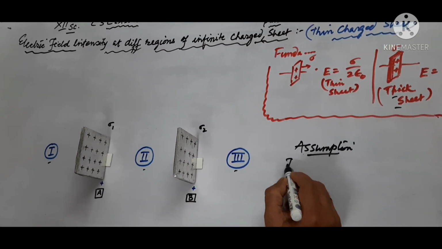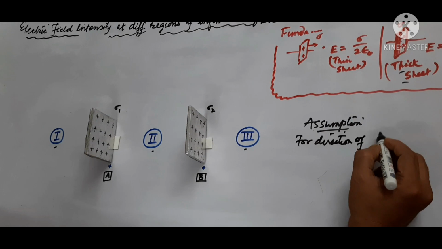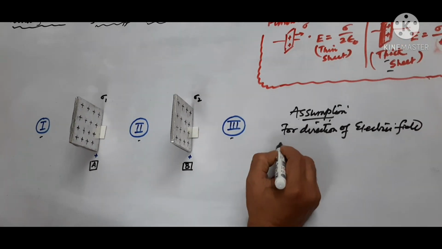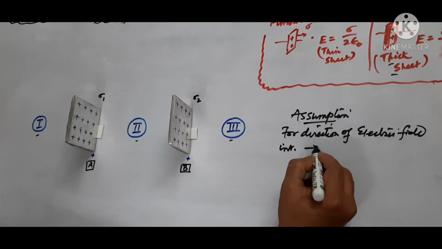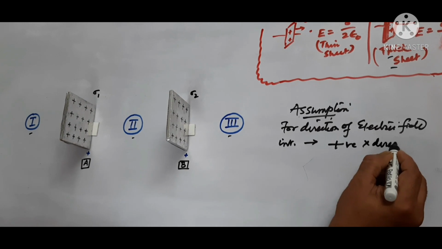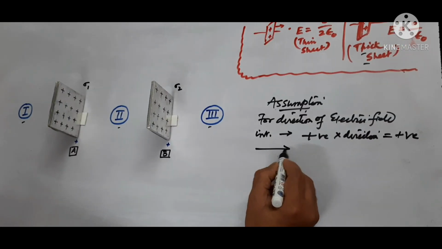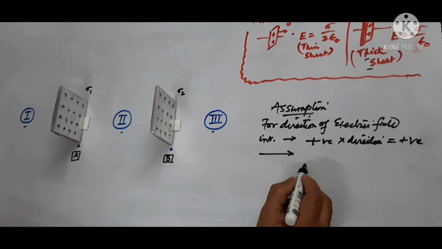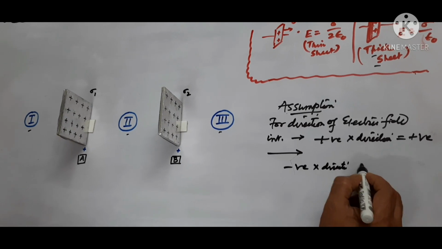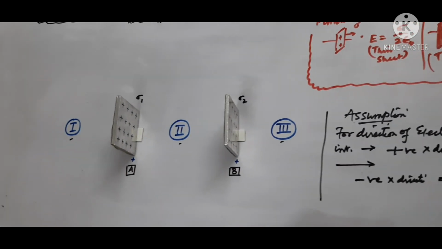The assumption is for the direction of electric field intensity: usually we take the positive x direction as positive, and if we are taking the negative x direction, then it is taken as negative. That's the assumption. You can reverse also, no problem.